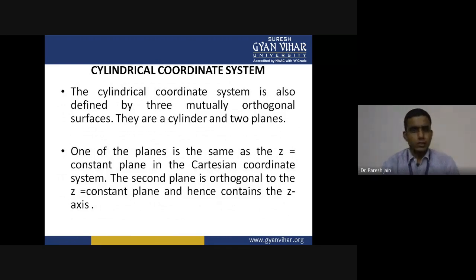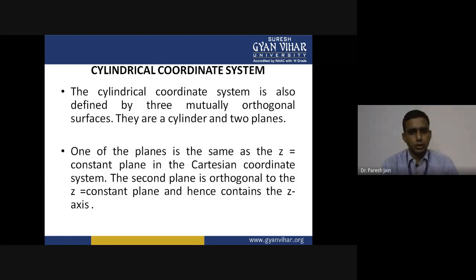The cylindrical coordinate system is also defined by three mutually orthogonal surfaces: a cylinder and two planes. One of the planes is the same as the z constant plane in the Cartesian coordinate system. The second plane is orthogonal to the z constant plane, and hence contains the z axis.